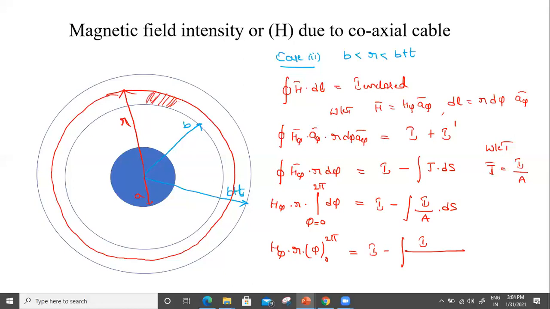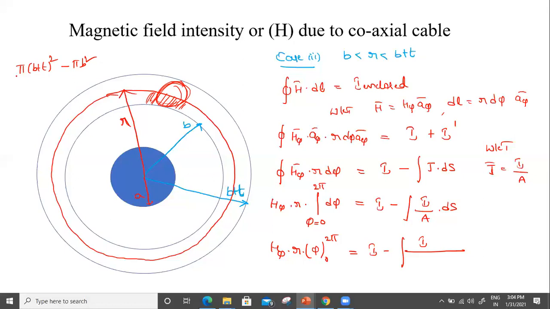So that means you need to write this as the area. How to write this portion? First you can calculate the area of this one, that means pi of b plus t whole square minus pi b square. So actually we want this small portion. How to get this portion? By subtracting the outer conductor area from the overall area.